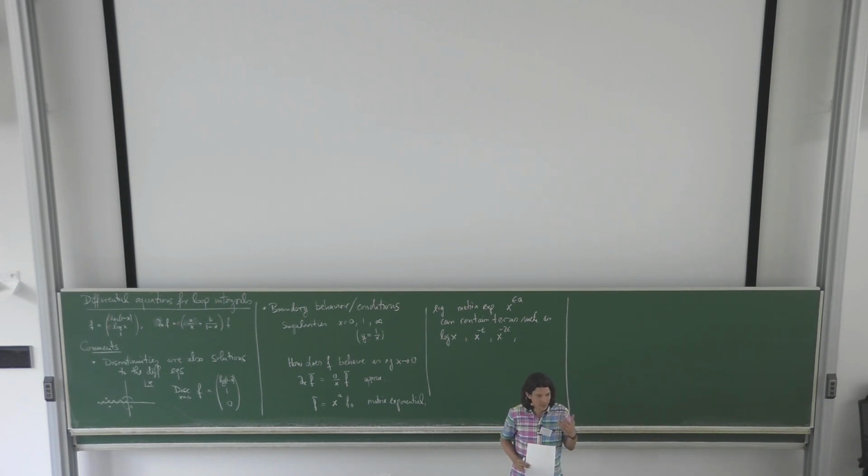But the general message is, do think about the singular values of your differential equation. You might be lucky that some of the singular points, although they're present in the differential equation, actually allow you to gain almost for free some information about the functions. So that's the take-home message.